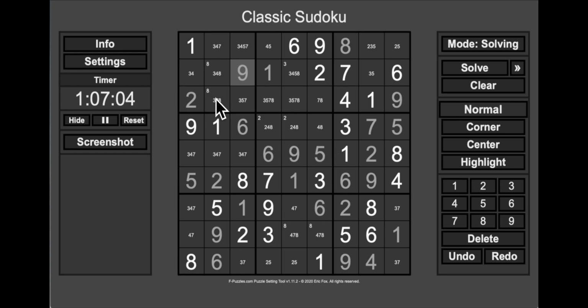Okay, 3, 4, 7, 8. I wish I knew how to get rid of this one, but that's 3 or 4, but I can't eliminate any of the other digits.